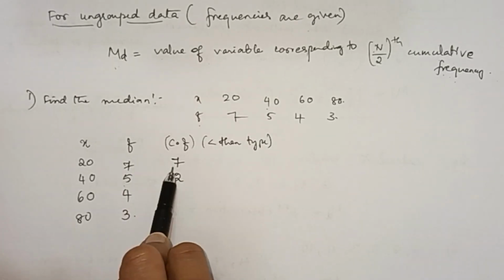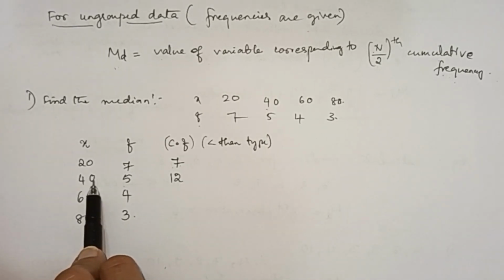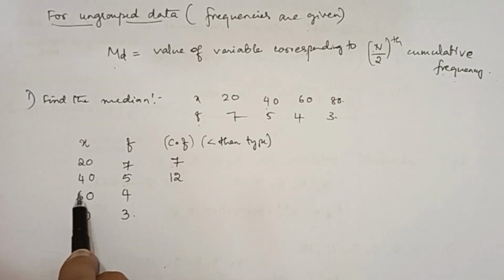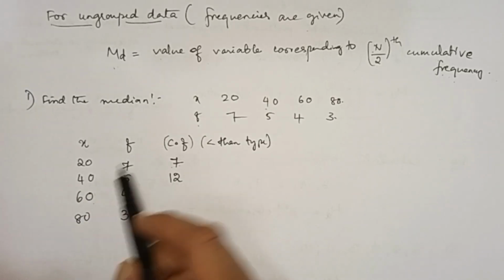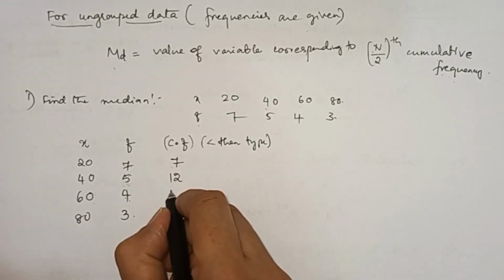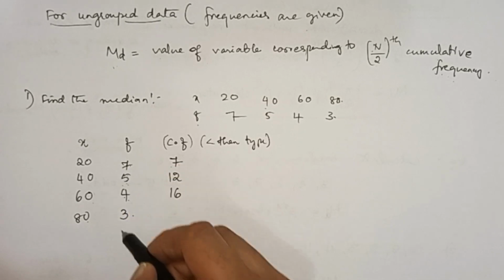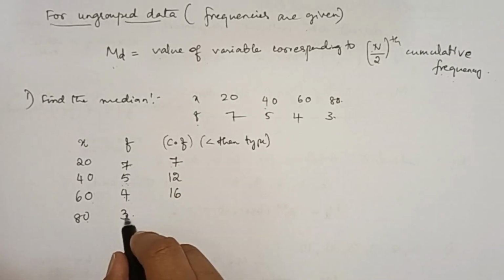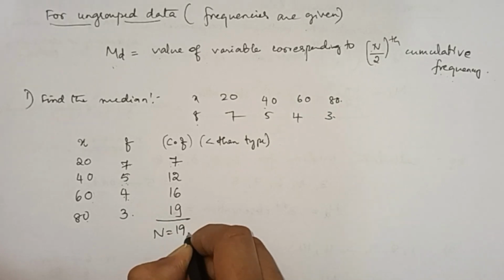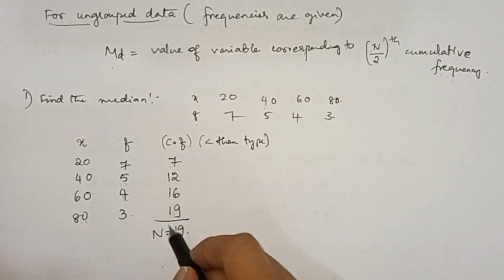That means the number of observations less than or equal to 40 is 7 plus 5, 12. Then the number of observations up to 60 means all these will count, 7 plus 5 plus 4, which gives you 16. Then up to 80 means 16 plus 3, that is 19. So capital N equal to 19. The sum of frequencies is equal to 19. That is cumulative frequency.